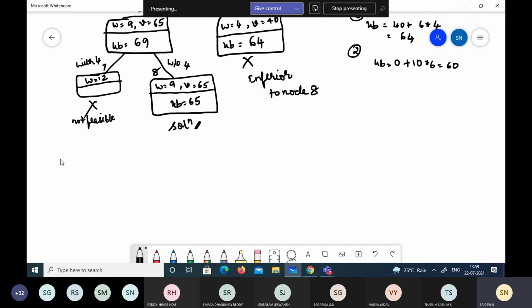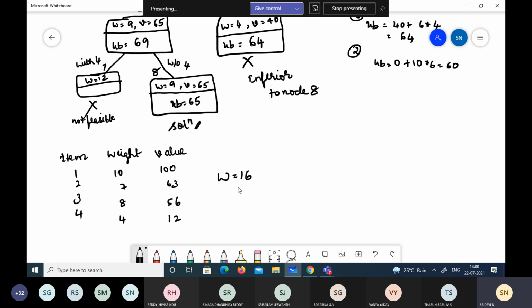You have 4 items, with weights 10, 7, 8, 4, and the profits associated with them are 100, 63, 56 and 12. The knapsack capacity capital W is 16. Try to solve this problem.